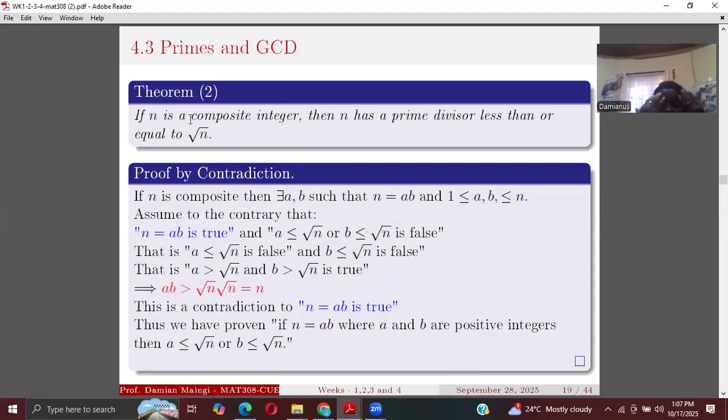So the proof of this is by contradiction. What does it say? Contradiction means we assume the opposite of what we have. We suppose n is a composite integer, right? So if n is composite, then there exist a and b such that n equals a times b.